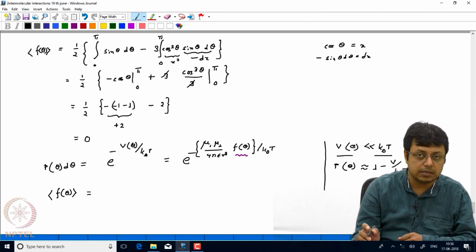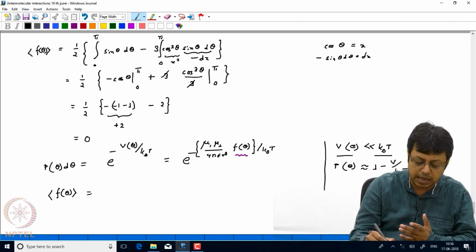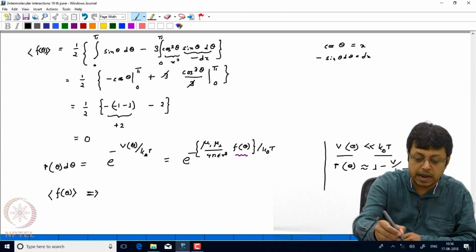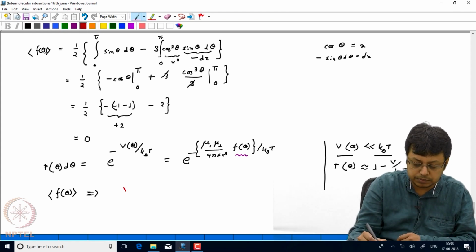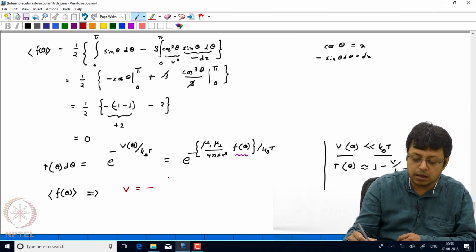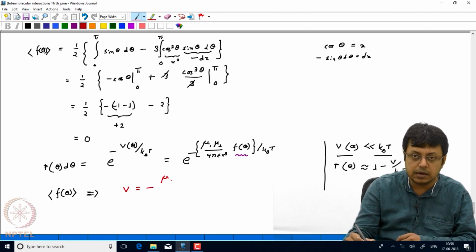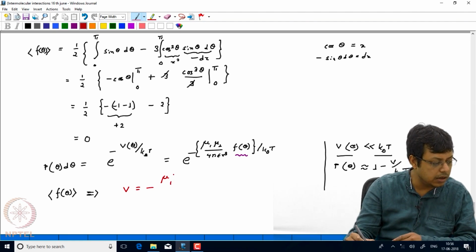I am writing the final expression, and the final expression will be something like that if we just calculate it. That expression will give us something like the interaction potential for the two dipoles which are mutually parallel but have an arbitrary orientation, and we will see that there will be some preferred orientation, and due to that the average interaction potential will include this average value of f of theta.